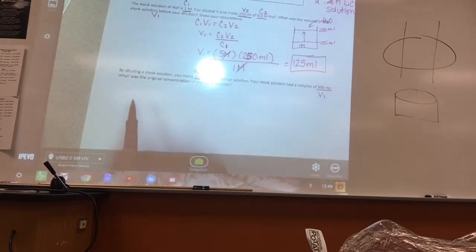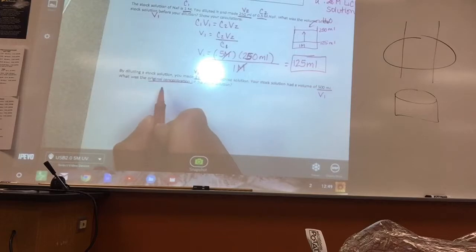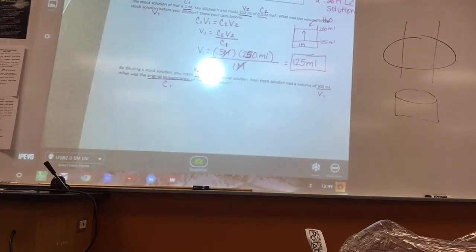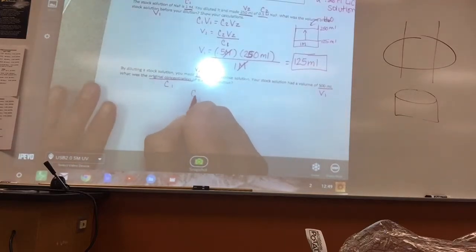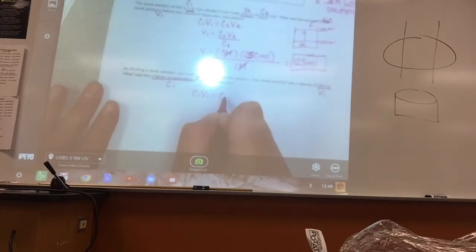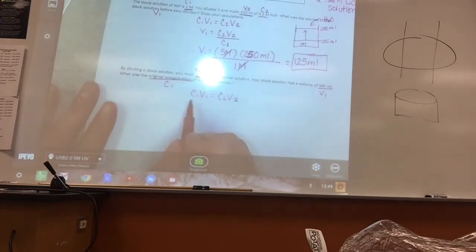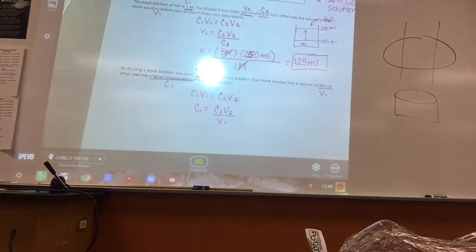Then it says, what was the original concentration of the stock solution? So the original concentration, I'm solving for C1. And so again, C1 V1 equals C2 V2. I am going to solve for C1, so I'm going to change the equation here, divide both sides by V1. Alright, so that's what it looks like.